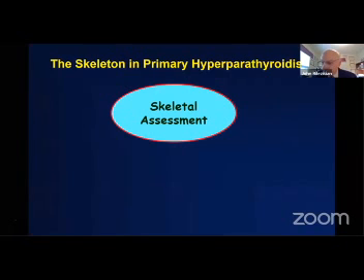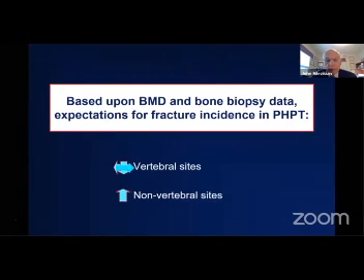Now, this presentation is going to focus only on skeletal assessment, and based upon the bone density I showed you earlier, one might expect that in terms of fracture risk in hyperparathyroidism, the vertebral sites would not necessarily be more than others because bone density seems to be well maintained, while at non-vertebral sites, as shown by the distal third radius, one might expect an increase in non-vertebral fractures.